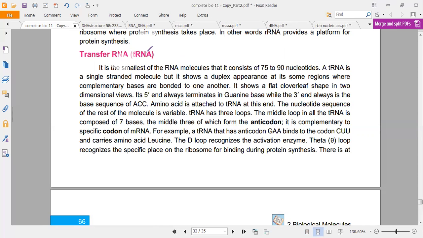This RNA is also transcribed from DNA, and it is the smallest of all RNAs, consisting of just 75 to 90 nucleotides. It is also single-stranded, but it forms a somewhat duplex structure, like a clover-like structure.